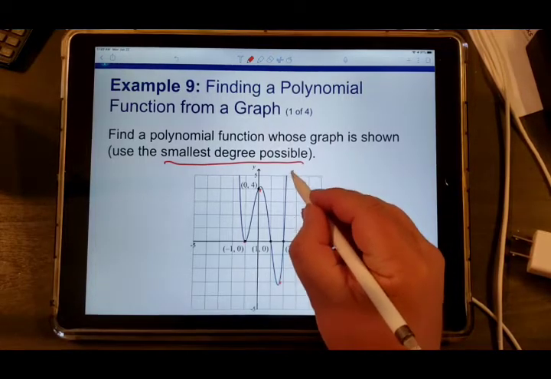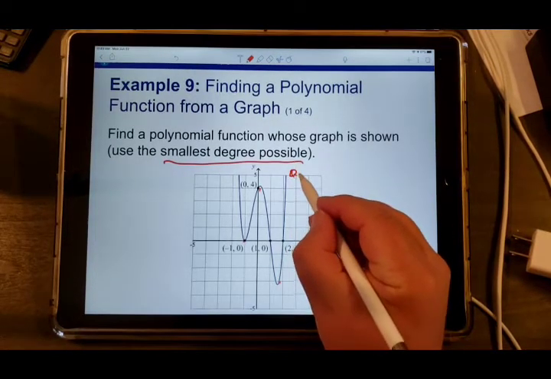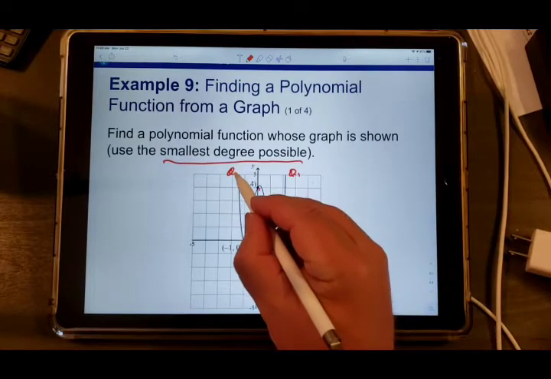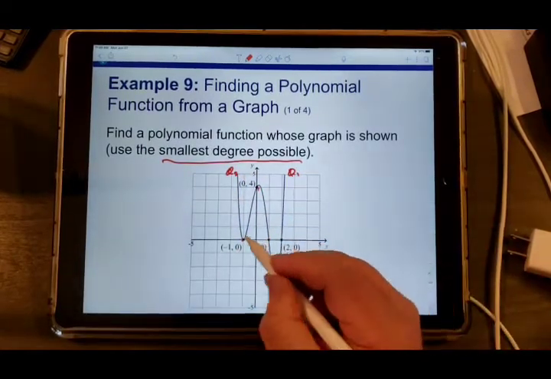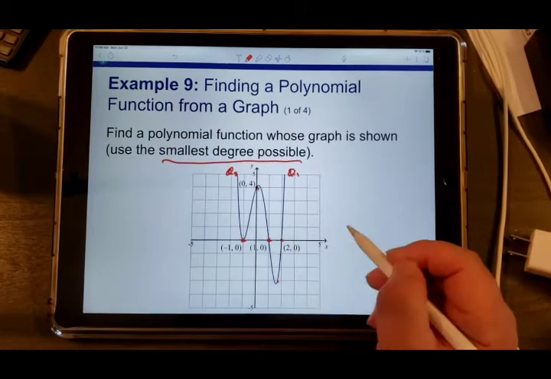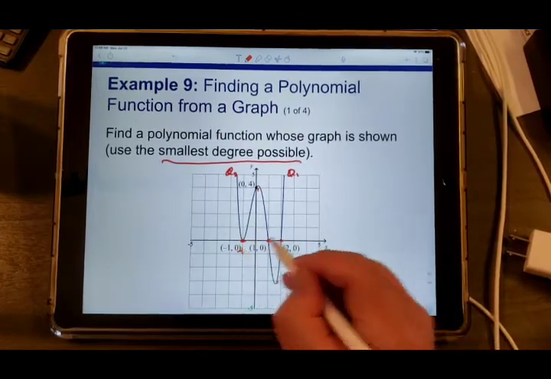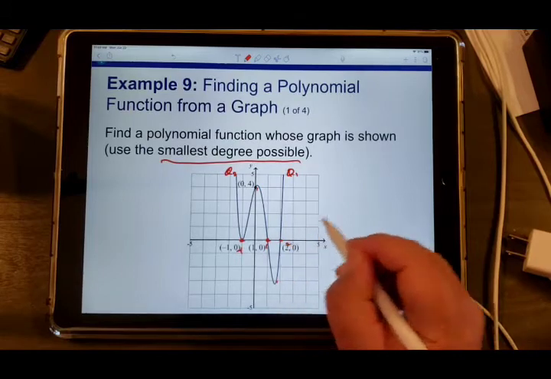And that's consistent with a polynomial that leaves the box in quadrant 1 and quadrant 2, meaning it's going to be an even exponent. And look, we have all these zeros just handed to us: -1, 1, and 2.